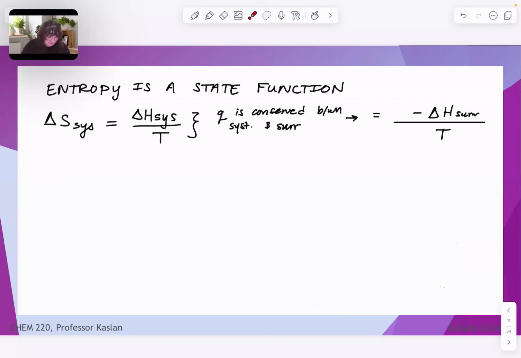So let's see here. What does this mean? Delta H surrounding, oh, hold on, I think I have a sign error here.